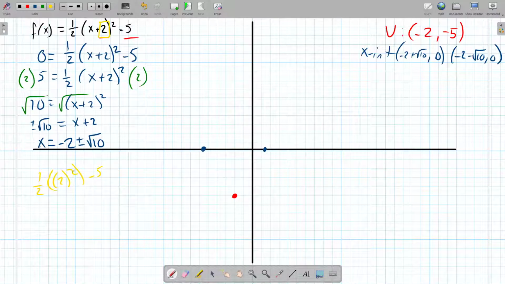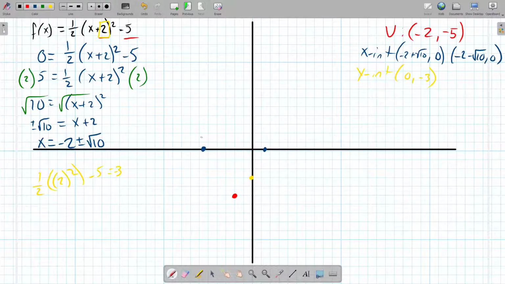So 2 squared is 4, times 1/2 is 2, minus 5 is negative 3. So negative 3 is our y-intercept, 0, negative 3. We have our x-intercepts, our vertex, and our y-intercept.